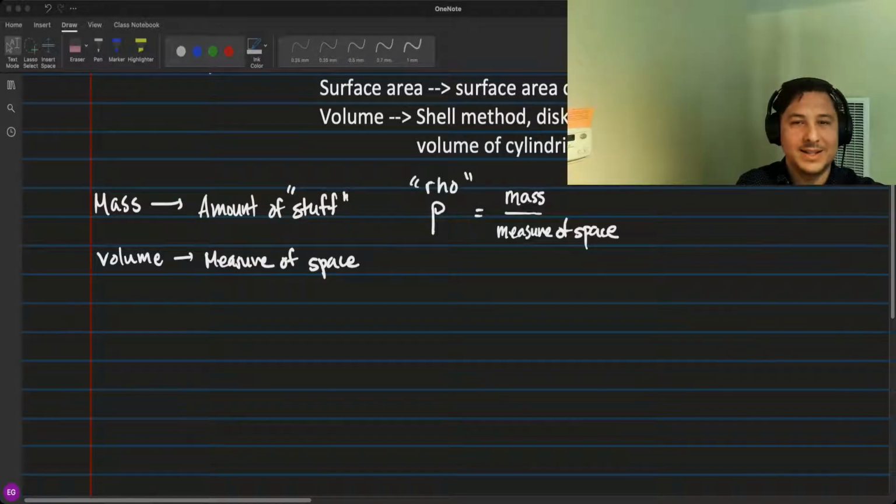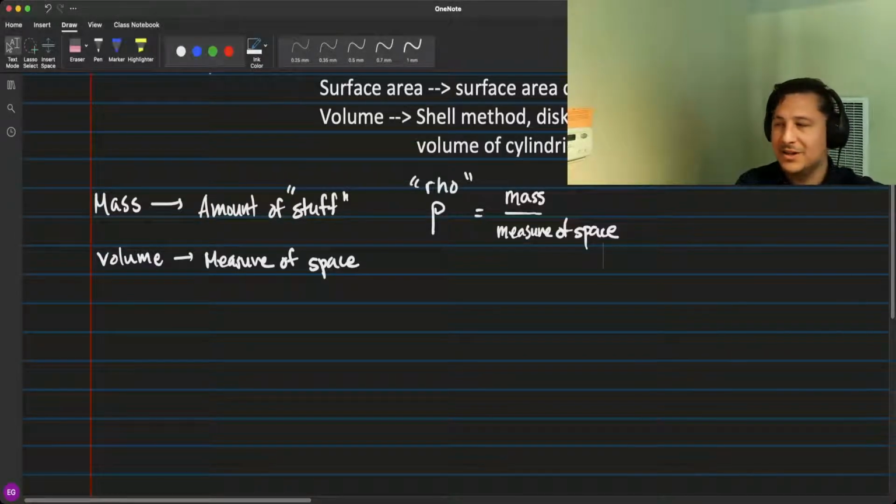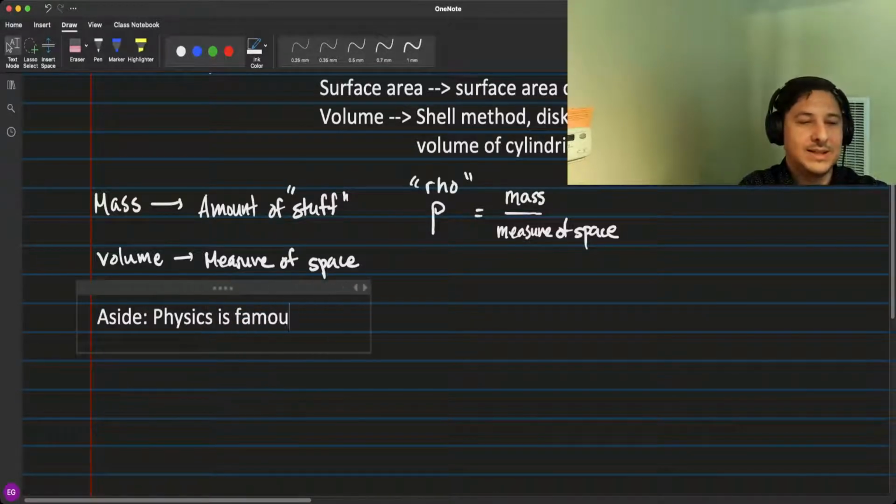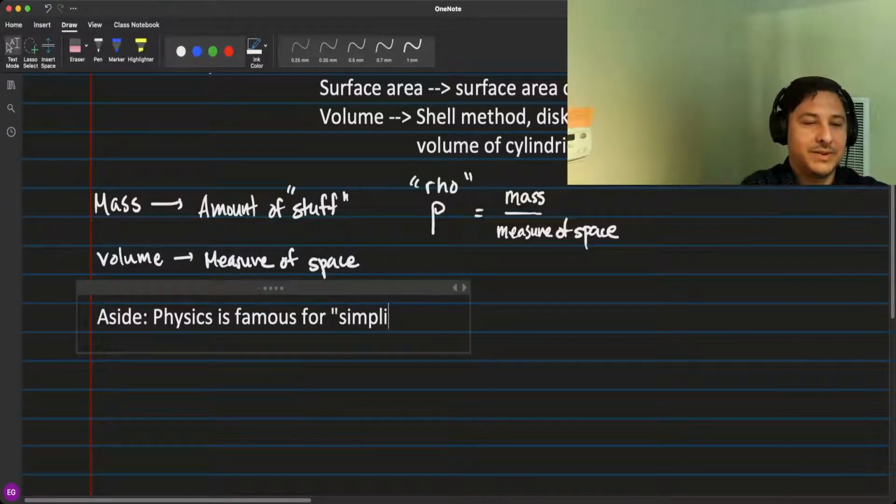So anyways, I'll just tell you how the joke works. Usually in physics, they make a lot of weird simplifying assumptions. So this is an aside. Physics is famous for simplifying assumptions.